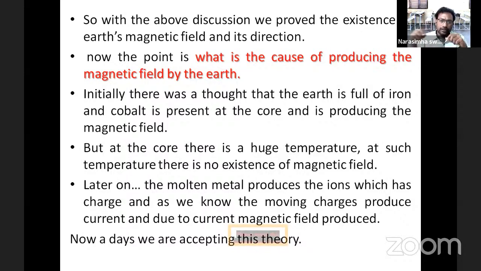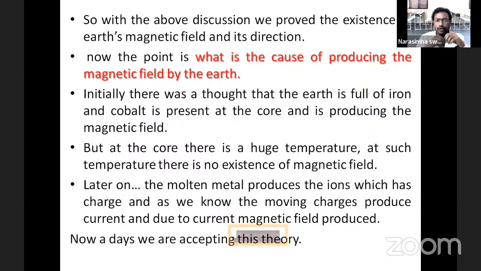Now the point is, what is the cause of producing the magnetic field by the Earth? There were so many theories, and work is still going on, but we are accepting one theory.